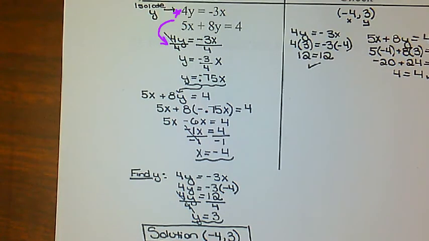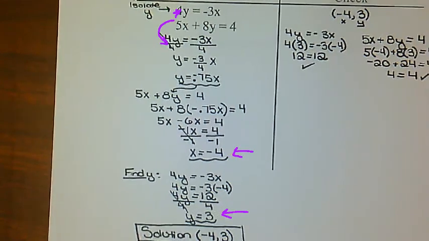So if you don't want to leave it as negative 3/4, by all means, please change it. You can do decimals. I'm okay with that. Then you solve for your x, and then you need to solve for the other variable. So we get x equals negative 4, and then when we substitute that back in, we get y equals 3. So negative 4, 3 is our solution. And then don't forget to do a check.